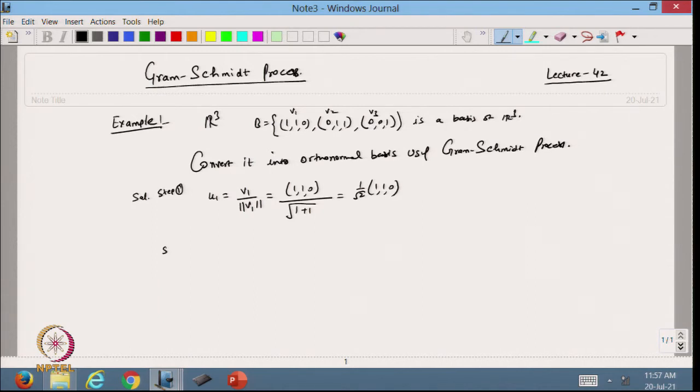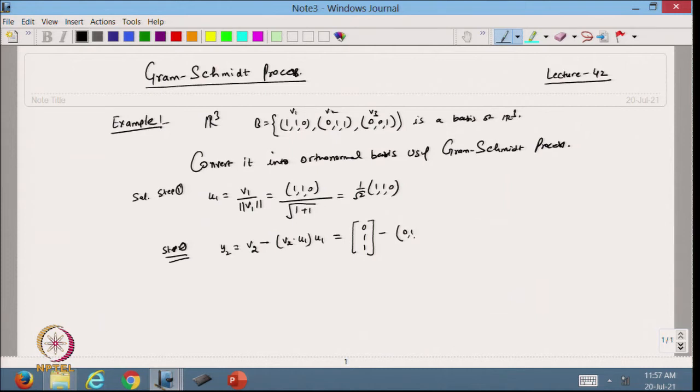Now, step 2, I want to make another vector. I will write it as Y2. It is V2 minus the dot product of V2 with U1, times U1. V2 is a column vector, as we always represent it.